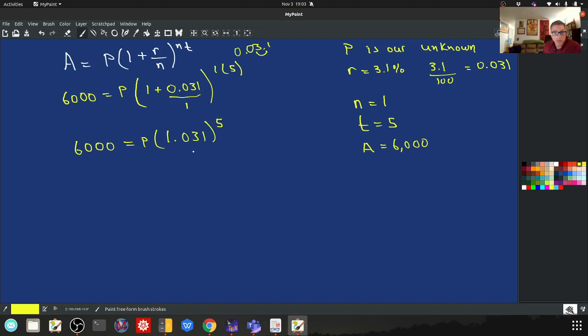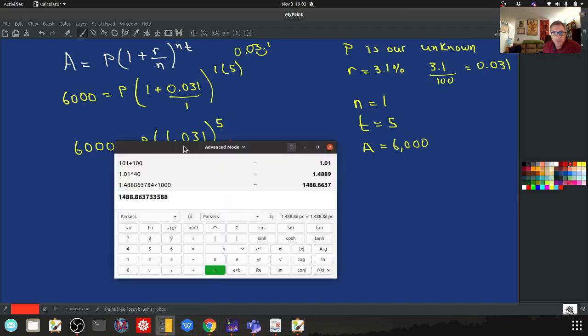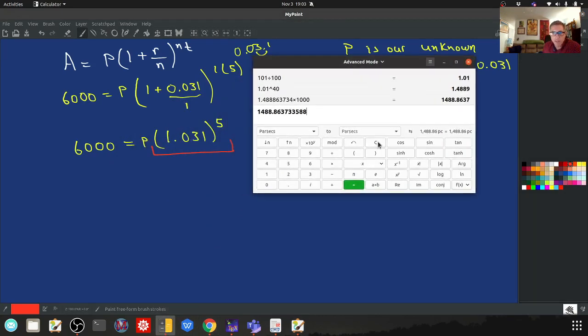So now it's time to get out our trusty calculator, and we're going to calculate this value right here. Why PEMDAS? Because we simplified what's in parentheses, and now our next thing is to do exponents. So again, we get our trusty calculator, and my value is 1.031, and that's going to be raised to the 5th.